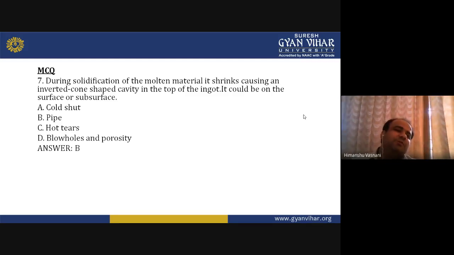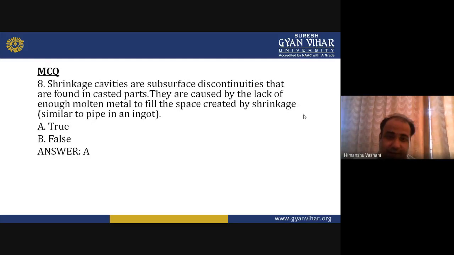It could be on the surface of a pipe. Pipe. We had a good discussion on this. Okay. Then the next question: shrinkage cavities are subsurface discontinuities that are found in cast parts. They are caused by the lack of enough molten metal to fill the space created by shrinkage, similar to pipe in an ingot. It is true.